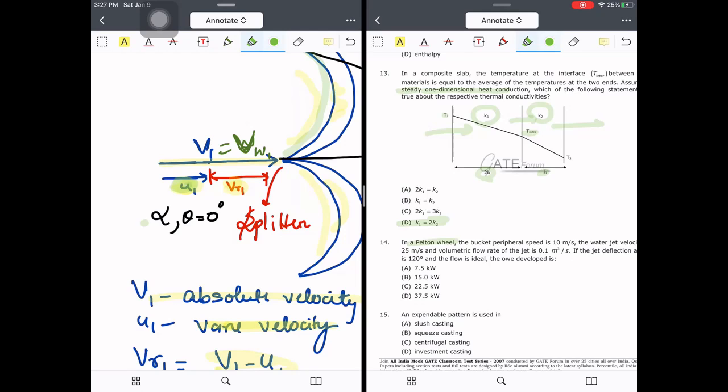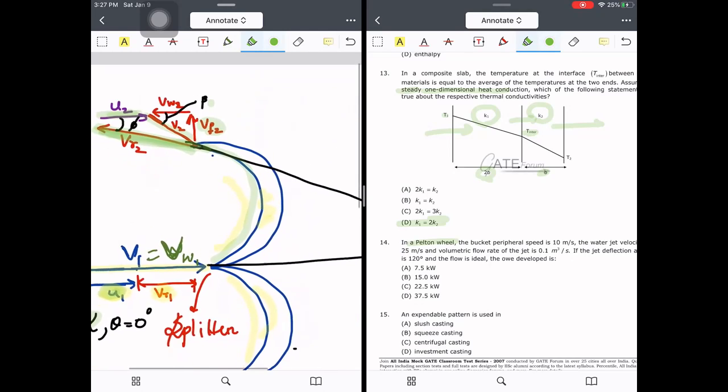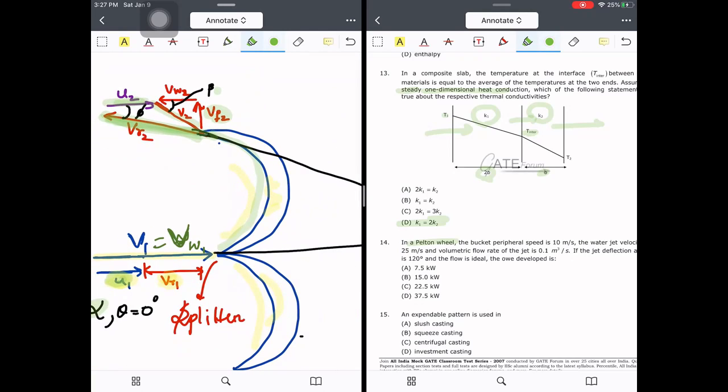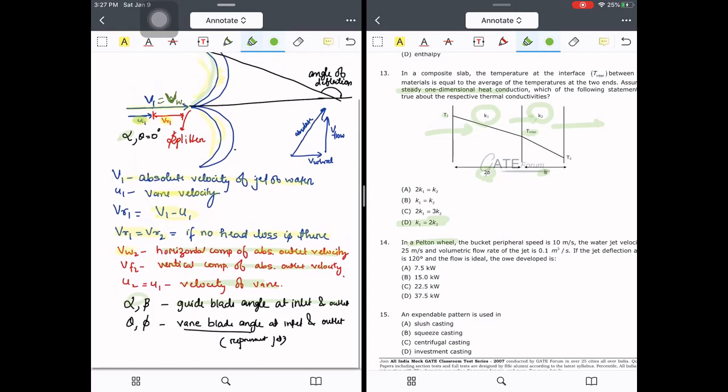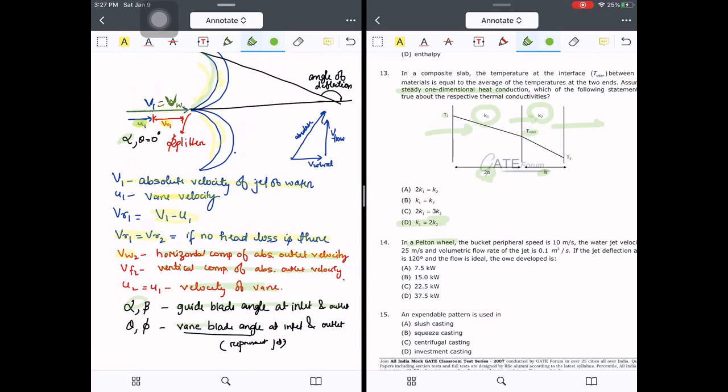Here you will find alpha and here beta. Since the whirl velocity and the absolute velocity of the jet coincide here, alpha will be 0 degree. Similarly here it is non-zero: the absolute velocity of the jet and its horizontal component are at an angle, so it is given the term beta.